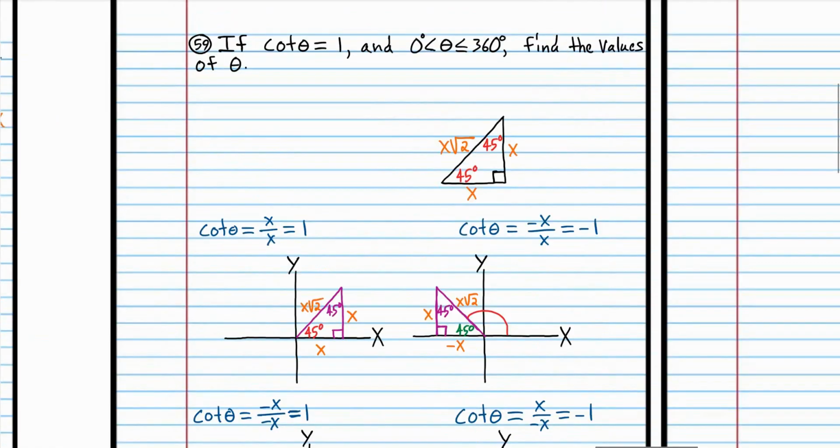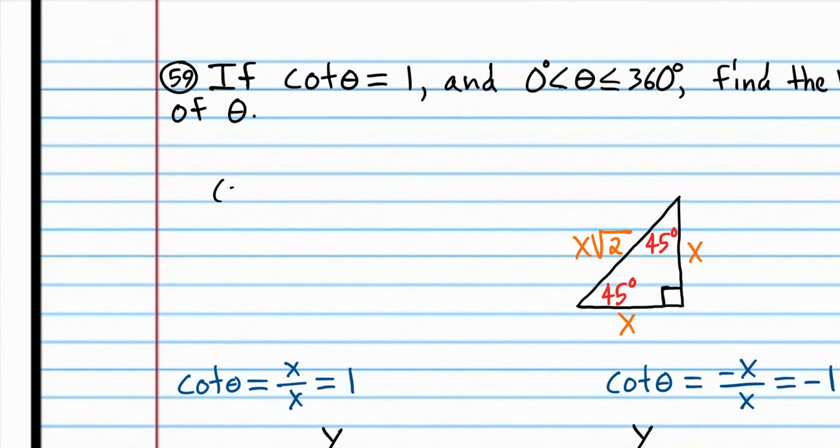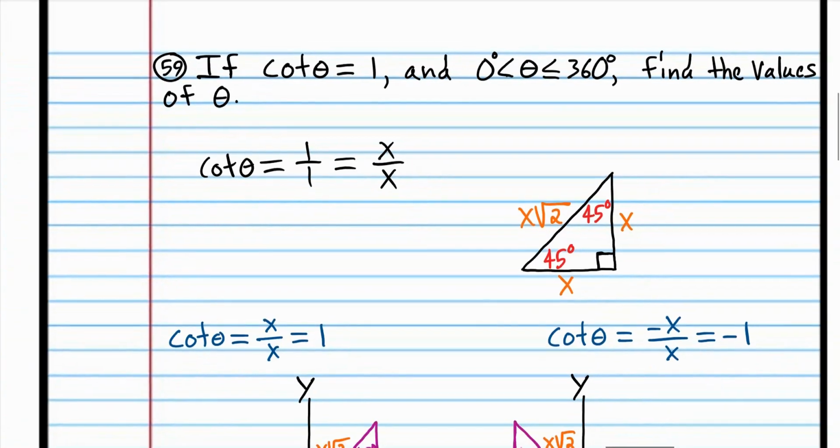All right, we're back. So we're told that cotangent theta is equal to 1, which can be written as 1 over 1. And we can also write that as x over x. So the adjacent side and the opposite side must be the same length. But if that's true in a right triangle, you must be dealing with a 45, 45, 90 triangle.